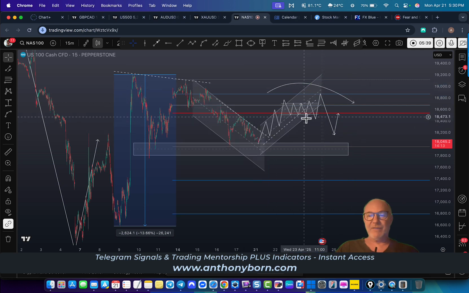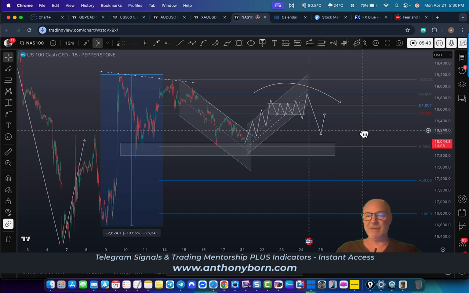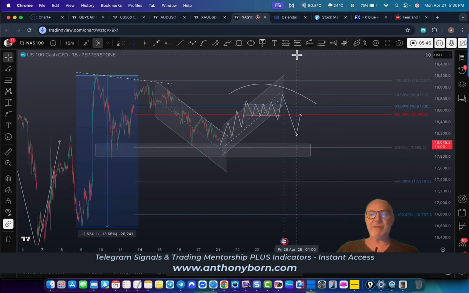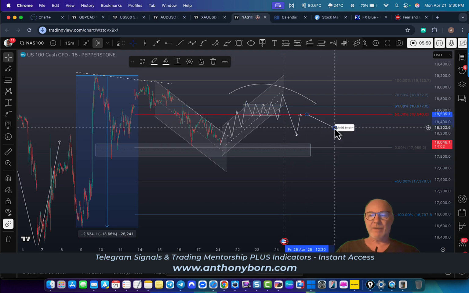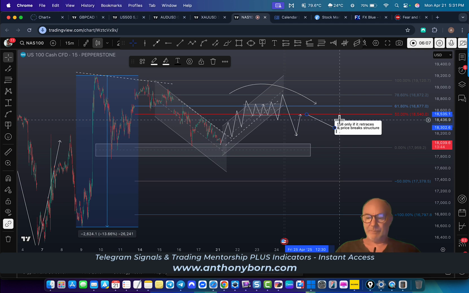Now, if this fails, if this continues up and breaks these highs, then there's no trade. Now, let me just make a note here. Sell only if we see the pullback, if it retraces and price breaks structure bearish. In other words, we get a break of market structure, so it's a BOS.